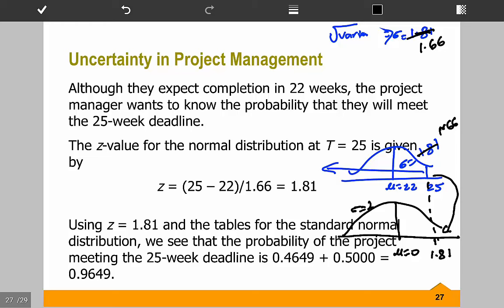The mu of the normal distribution you are looking at is 22, divided by the standard deviation of 1.66, which comes out to be 1.81. You look at the table, the corresponding value for Z is 0.9649, which means there is a 96.49% probability that you'll finish the project before 25 days.